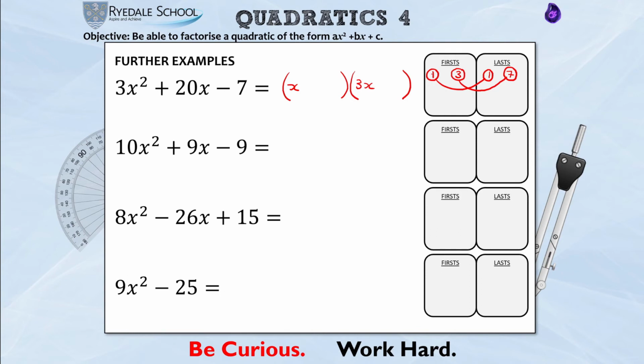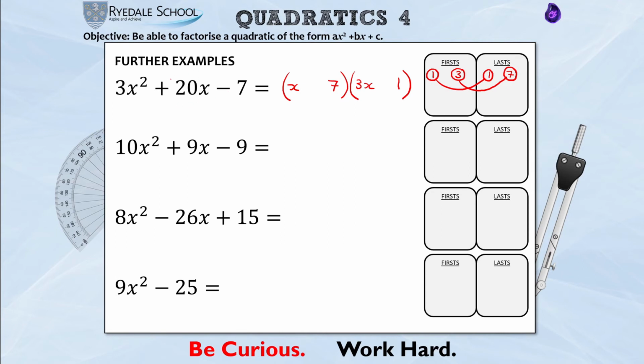I've said I need the 1x to multiply by the 1. So for my lasts, I'm going to need the 1 in the opposite bracket. And I need the 3 to multiply by the 7. So I need the 7 in the opposite bracket. We know the signs are different because it's negative.